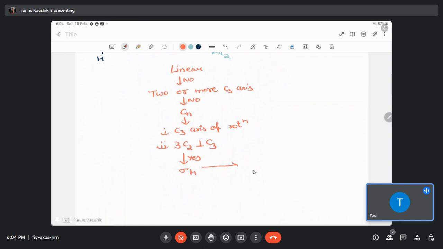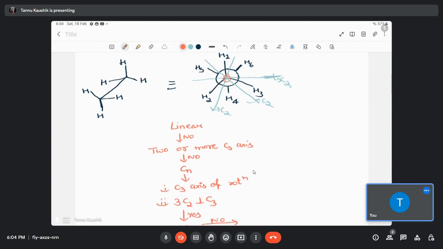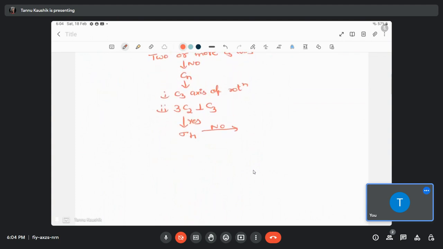So we don't have a horizontal plane because the C3 axis of rotation is perpendicular to the board. So when you take the molecular plane, it will not reflect any proton with respect to H2, and similarly H3 equivalent to it. So we won't get an equivalent configuration.